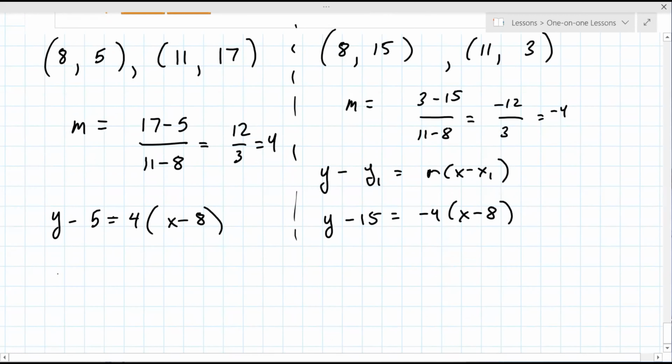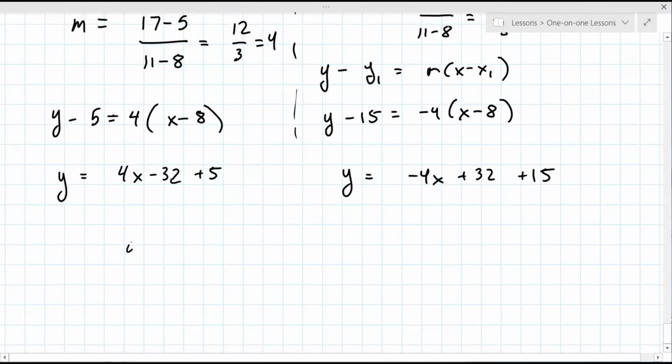So let's do this. Let's write y equals 4x minus 32 plus 5. And over here it's y equals minus 4x plus 32 plus 15. And we can set these equal to each other now. So you get 4x minus 32 plus 5 equals minus 4x plus 32 plus 15.